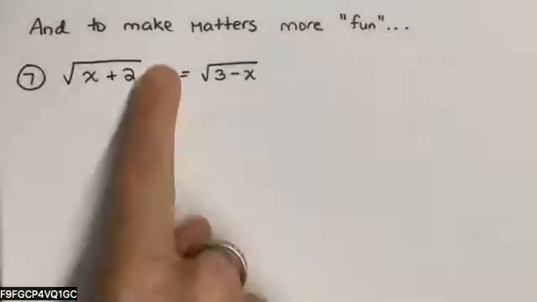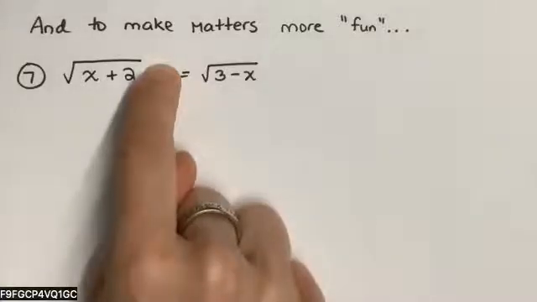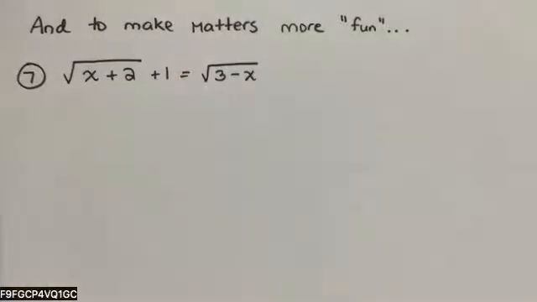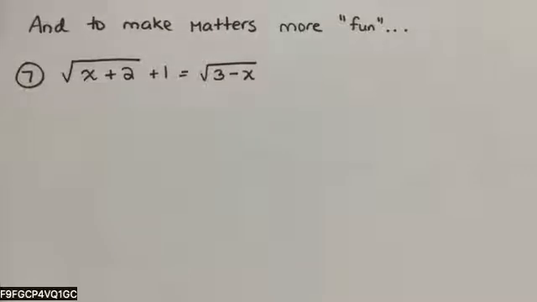Now, if the +1 wasn't there, oh, this would be so much easier. I could square both sides. I'd be left with x plus 2 equals 3 minus x. This would be like the easiest problem to solve. But alas, the +1 is there and it is not under the radical.